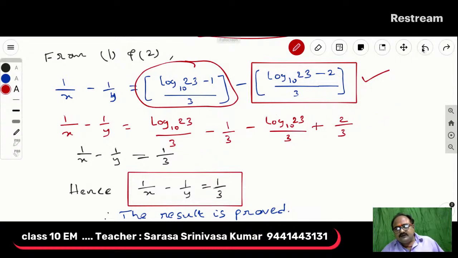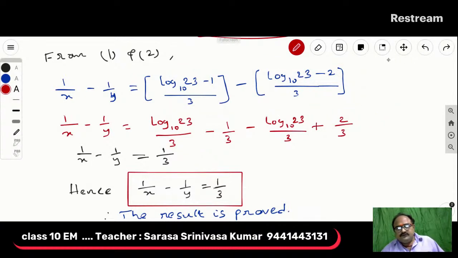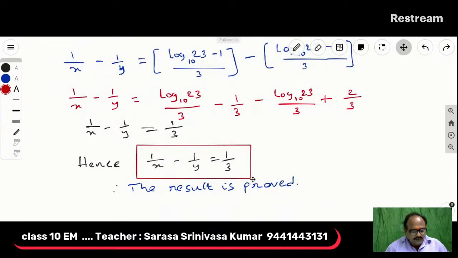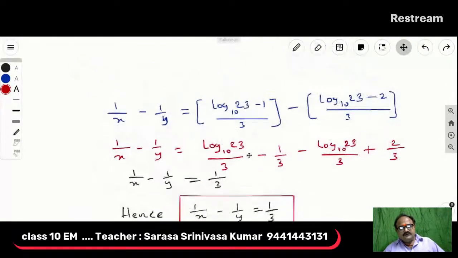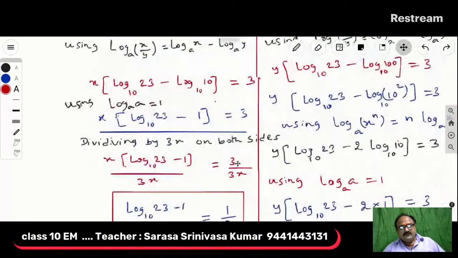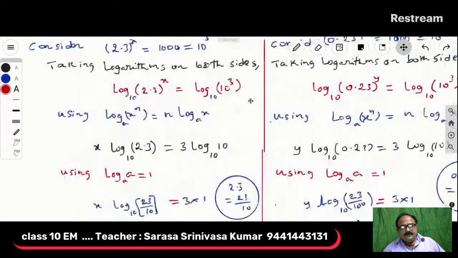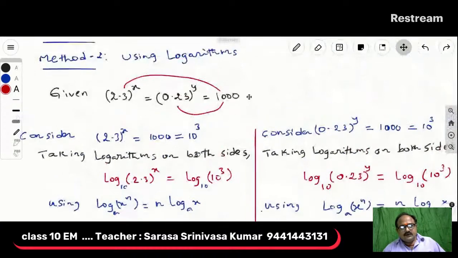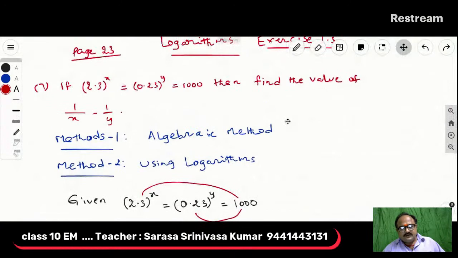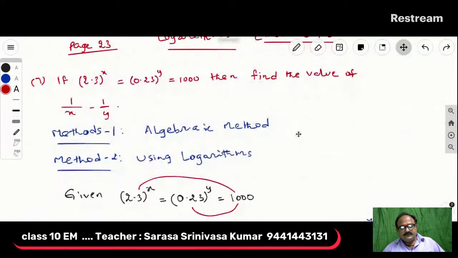This is the result. Dear students, you have learned both the methods. In both the methods, 1 by x minus 1 by y equal to 1 by 3. We proved the result. So what I suggest to all the students is to understand the concepts, and according to the question in the examination, you will have to answer the given question.